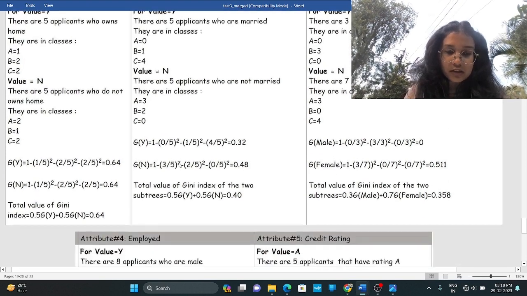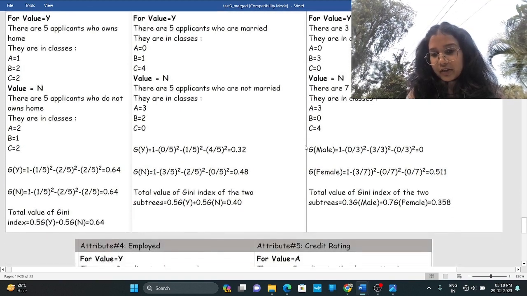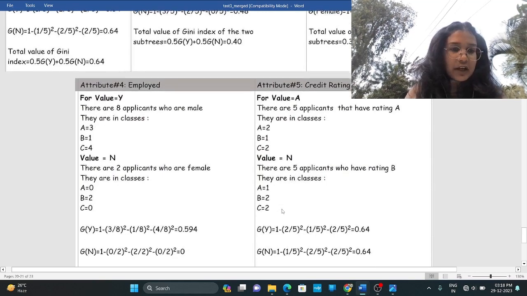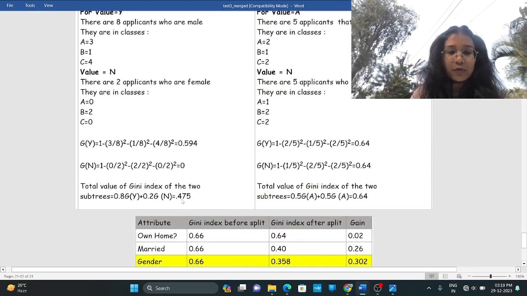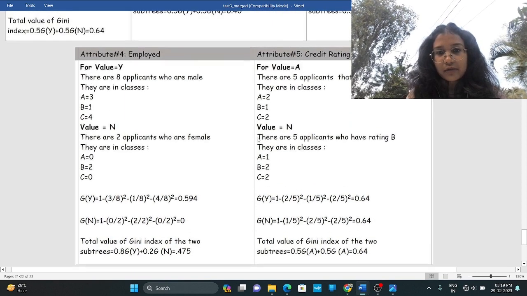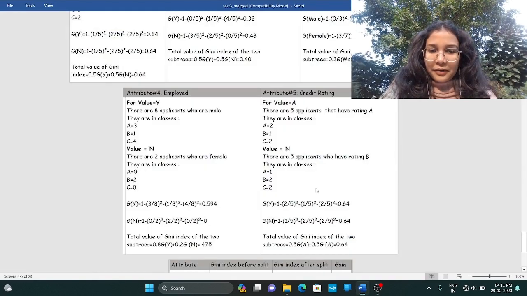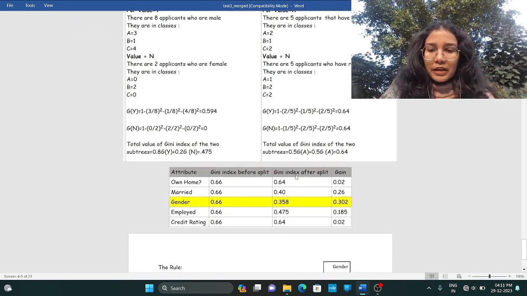Attribute 2, married, has Gini index 0.40, and attribute 3, gender, has Gini index 0.358. Attribute 4, employed, has Gini index 0.475, and for attribute 5, credit rating, for value A, we do the same process and the total Gini index of the two subtrees is 0.64.